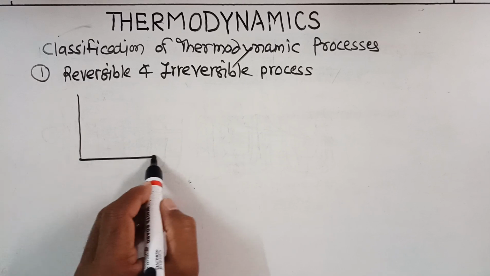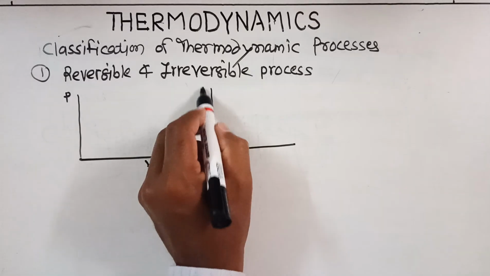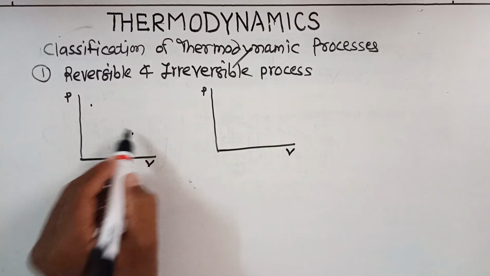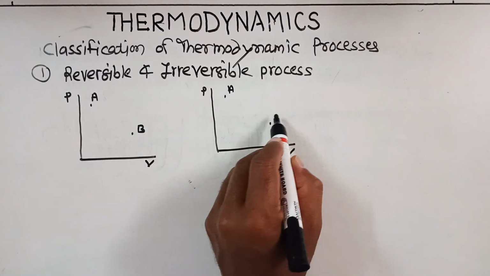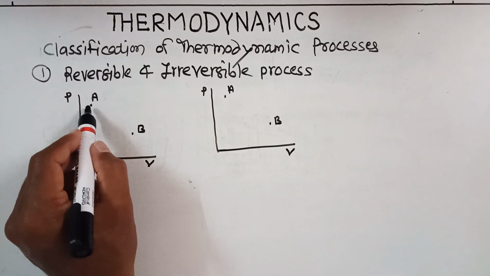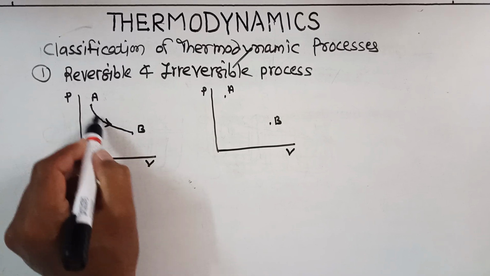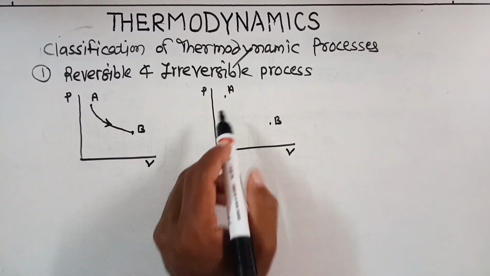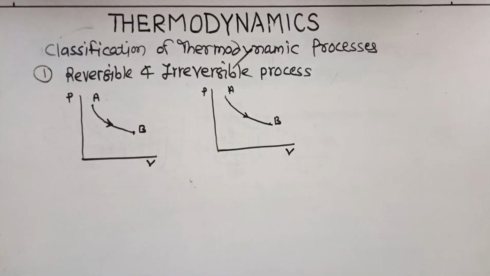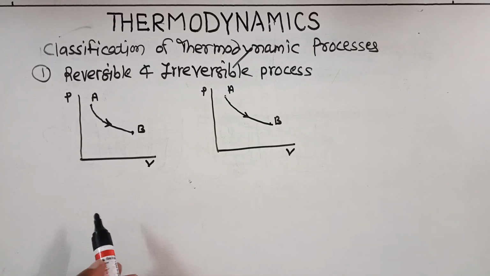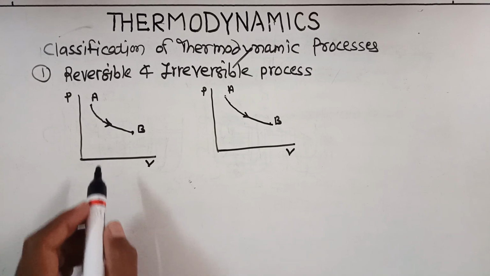Let us see the PV diagram. Suppose this is the PV diagram. This is P, this is V, and this is another PV diagram. This is P, this is V. This is the initial state, state A, and this is the final state, state B. Again here, this is the initial state and this is the final state. Suppose the system changes from A to B along this path, and similarly here, the same path from A to B. Now the processes are classified into reversible and irreversible processes.